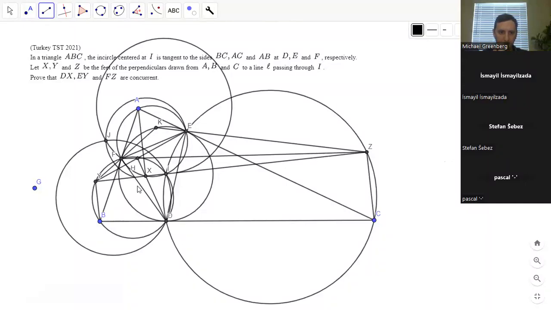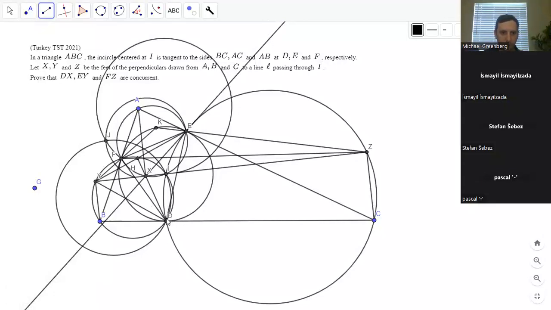So I mean YF and X, right? There has to be some kind of symmetric condition that would hold with point X, right? So maybe X, E, and YD meet on the end circle. I think that's what it is. I think X, E, and YD meet on the end circle.